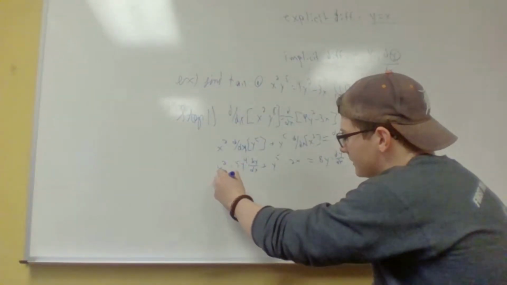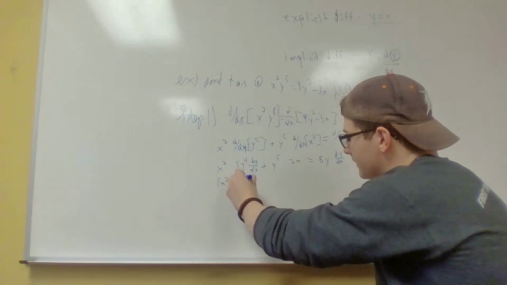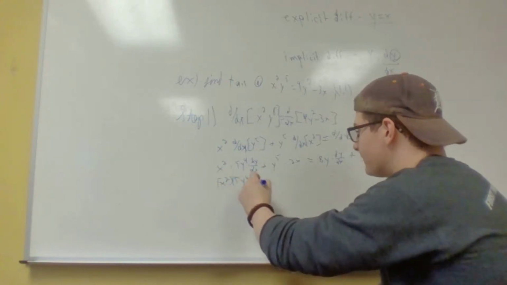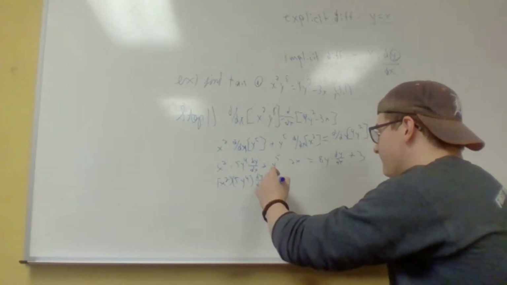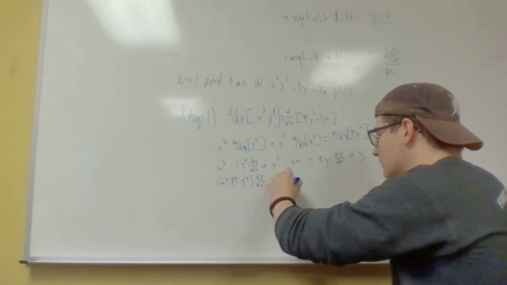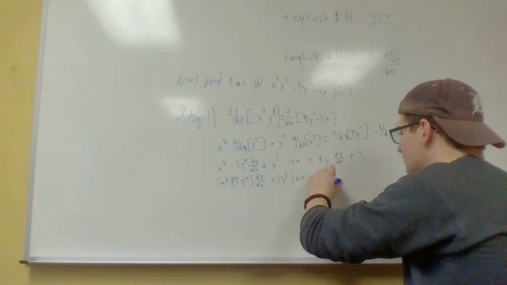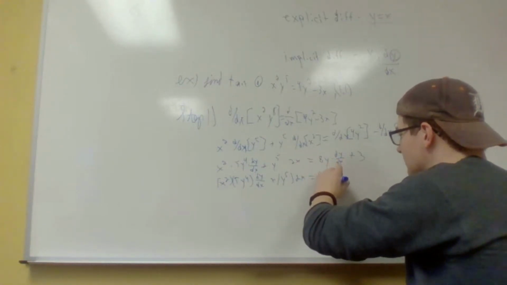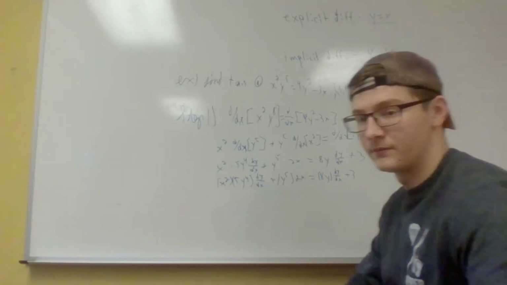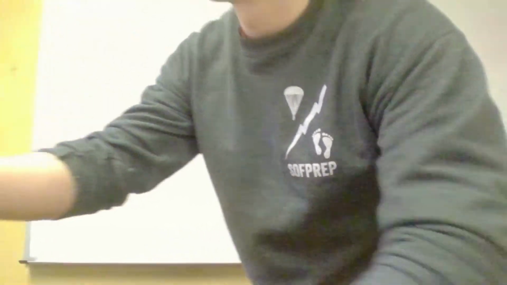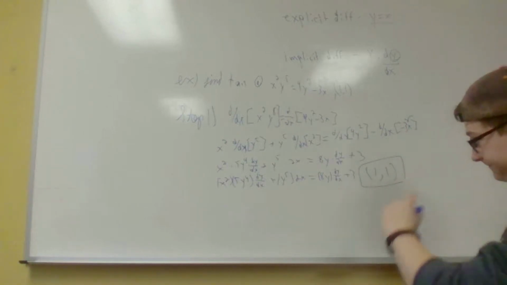Alright, so x squared times 5y to the fourth dy dx, plus y to the fifth times 2x, equals 8y dy dx plus 3. And then what we want to do is plug in the point 1, 1.